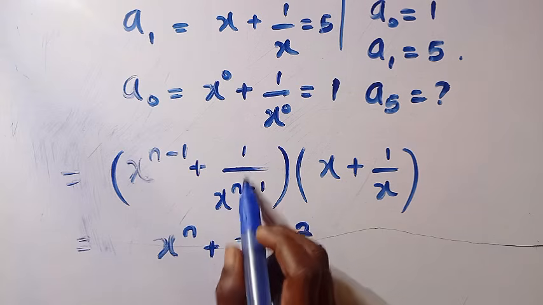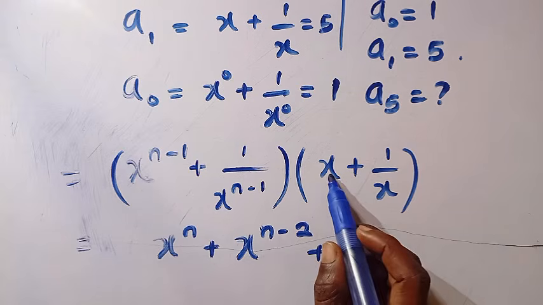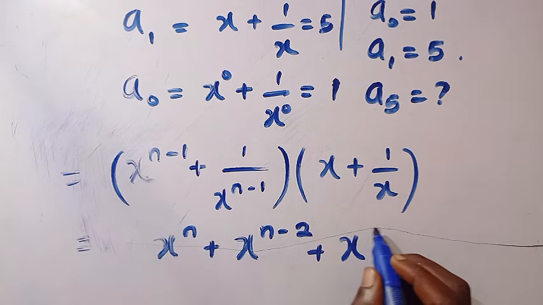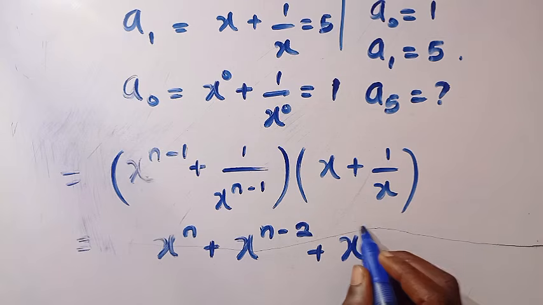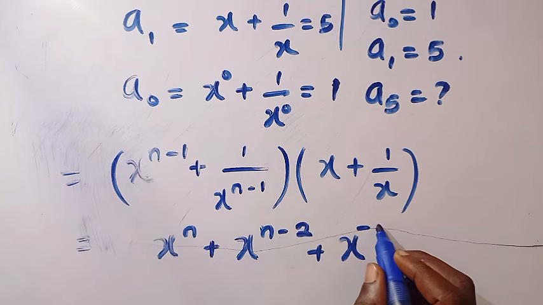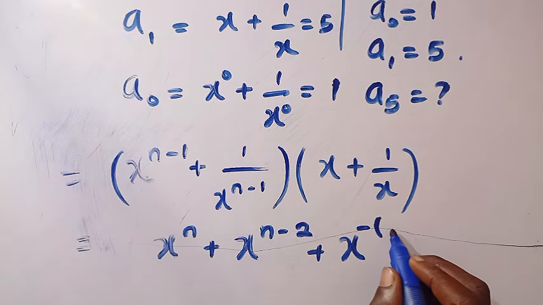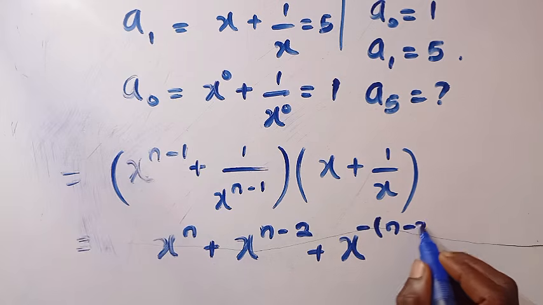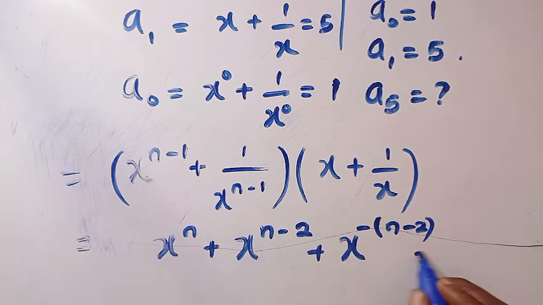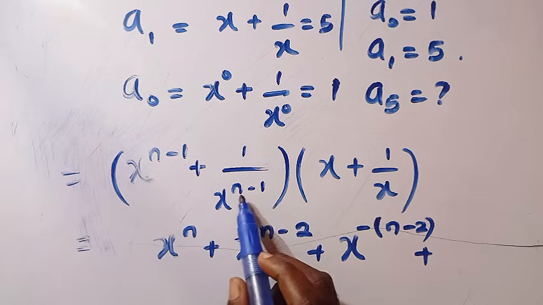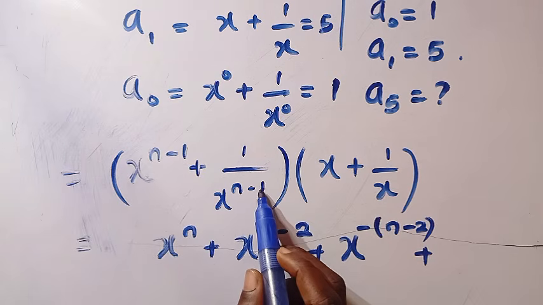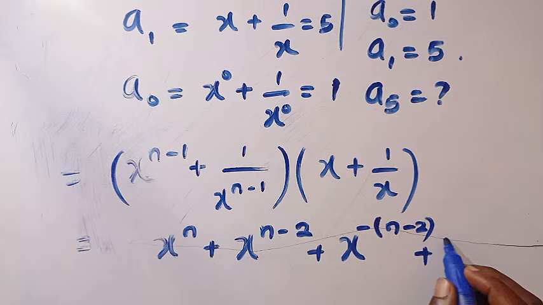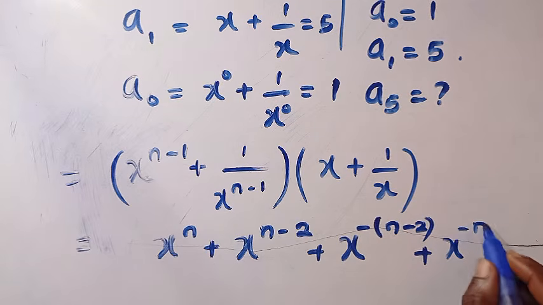Then plus 1 over x raised to the power n minus 1 multiplied by x, which gives us x raised to the power minus (n minus 2). Then plus 1 over x raised to the power n minus 1 with 1 over x, which gives us x raised to the power of minus n.